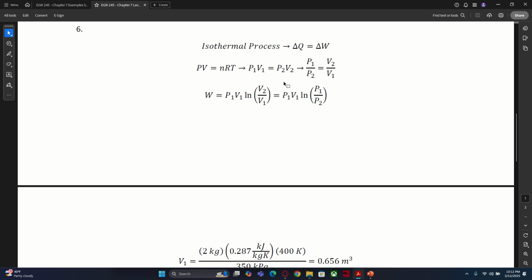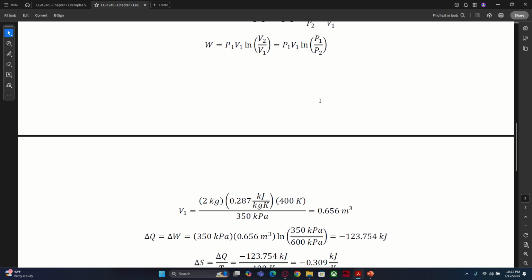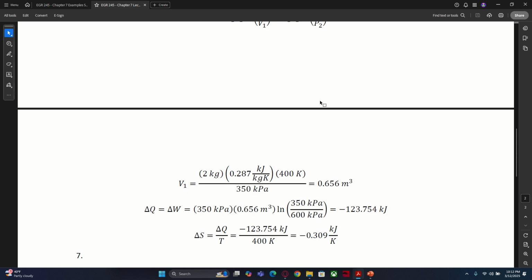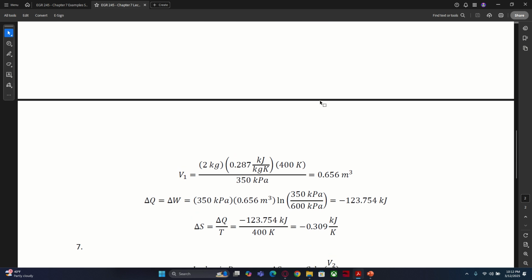So instead, work equals initial pressure times initial volume, times the natural log of initial pressure over final pressure. Those are just two options we can use.